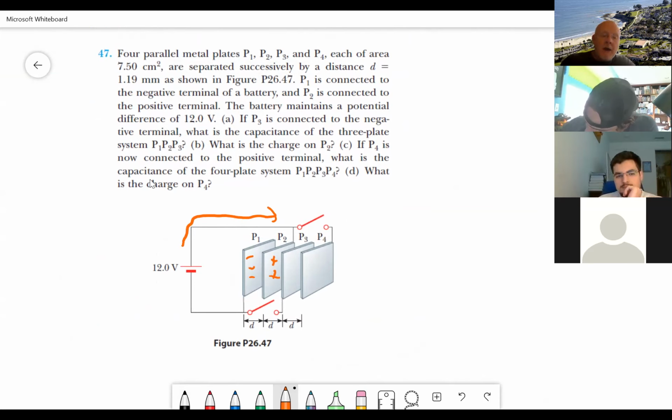That would make a capacitance between P1 and P2. I'll color that in. Oh, but now I lost the negative there. But if you use this little switch right here at the bottom and connect it, that would also make this negative.